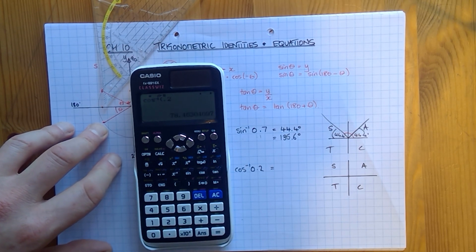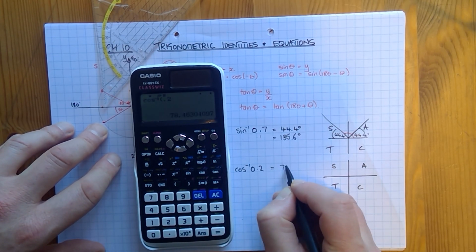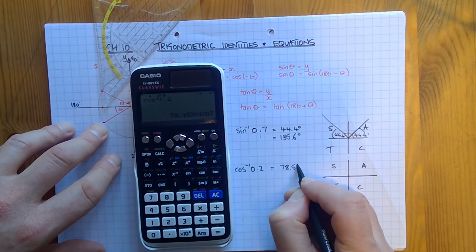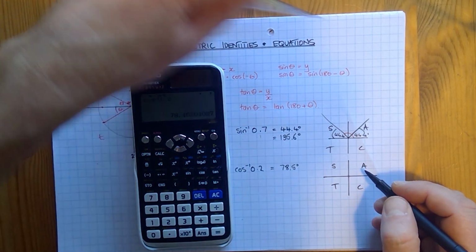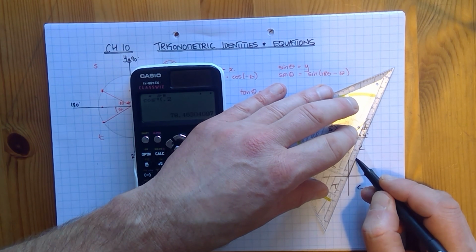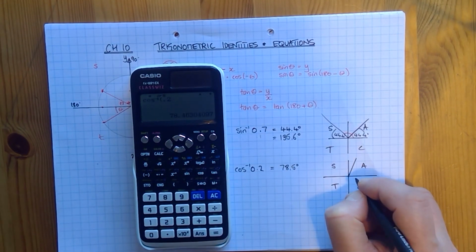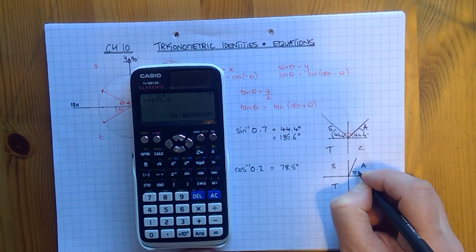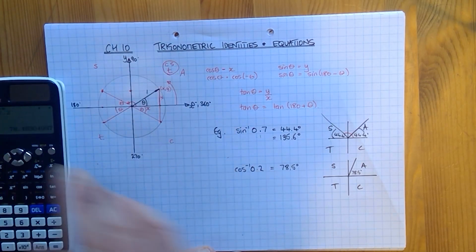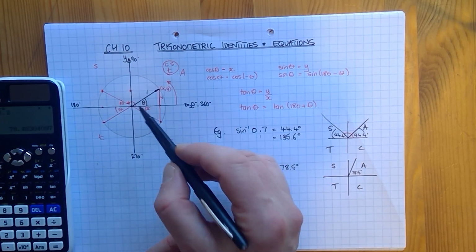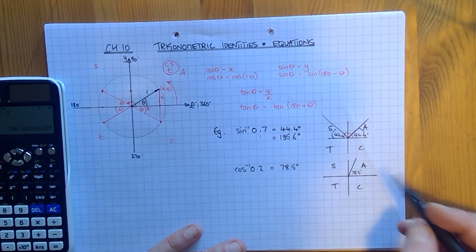Inverse cos 0.2 gives me an angle of 78.5 degrees. Okay, 78.5 is going to be up here somewhere. Because I'm dealing with cos and it's positive, cos is also positive down here.